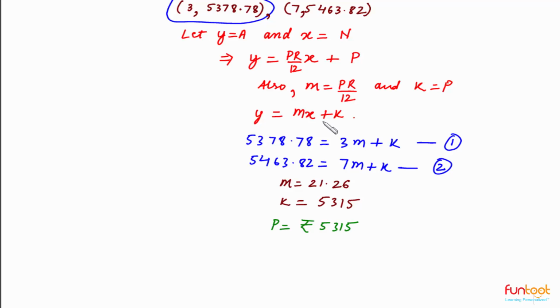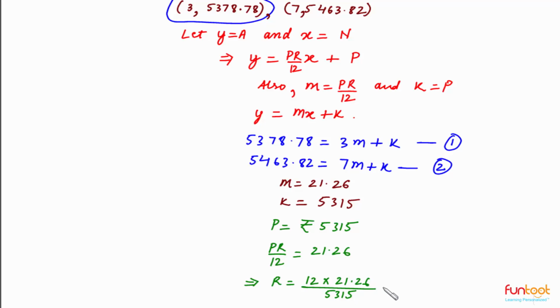Also, we had taken m as PR by 12. So that means PR by 12 equals 21.26. This implies R will be equal to 12 multiplied by 21.26 by P, which is 5315.